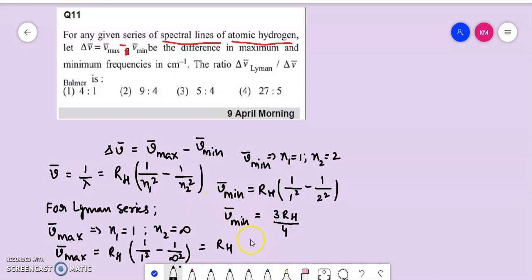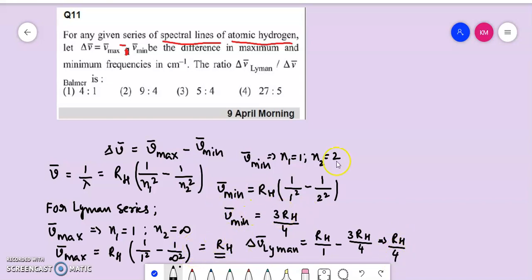Delta nu bar Lyman is the difference between maximum and minimum: RH minus 3RH by 4, which gives you RH by 4.